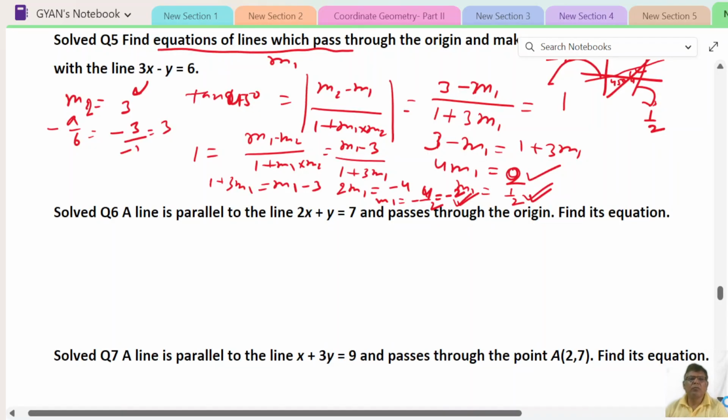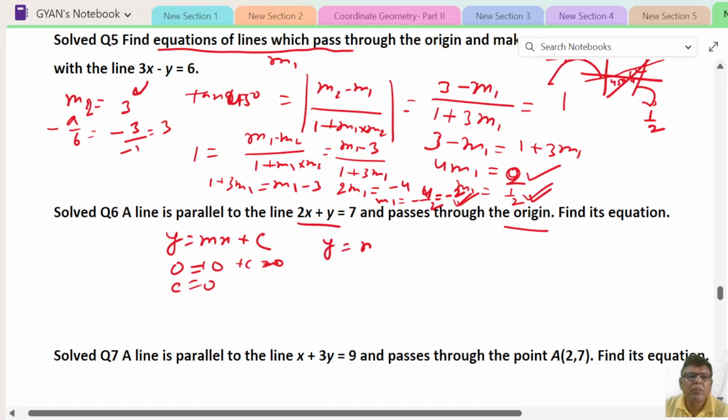A line parallel to this line and passes through origin. So let's assume that line is y is equal to mx plus c. Passes through the origin, that means c will be 0, 0 plus c is equal to 0. So therefore c is equal to 0. So y is equal to mx. So what is m?